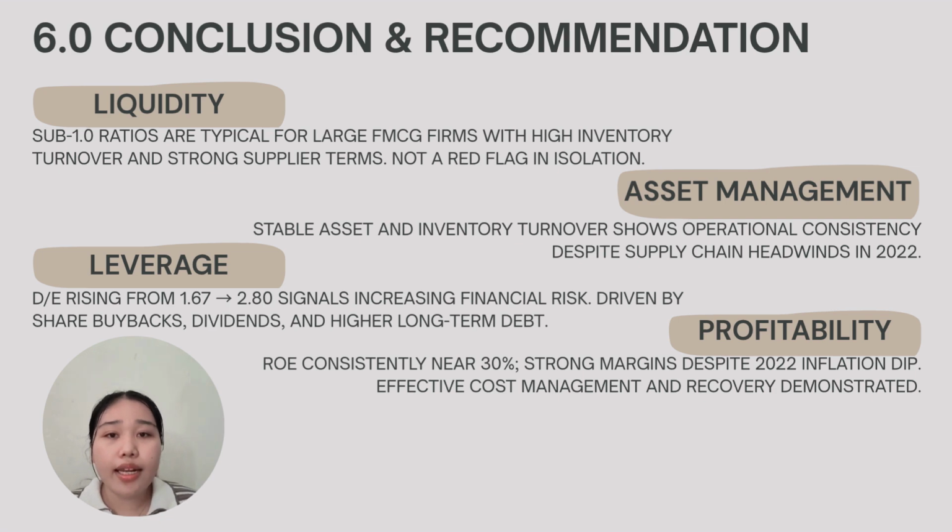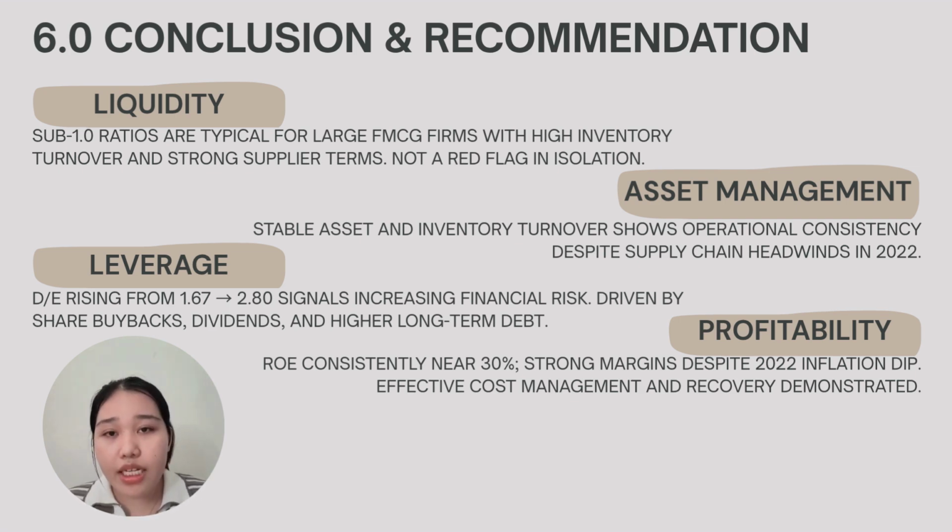It means current liabilities exceed current assets. However, this is actually very common for large FMCG companies like Nestle. They benefit from fast inventory turnover and strong bargaining power with suppliers, which allow them to operate comfortably with extended payables. So, this is not a red flag on its own.